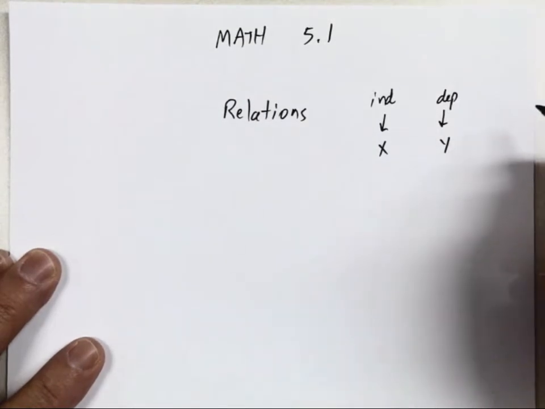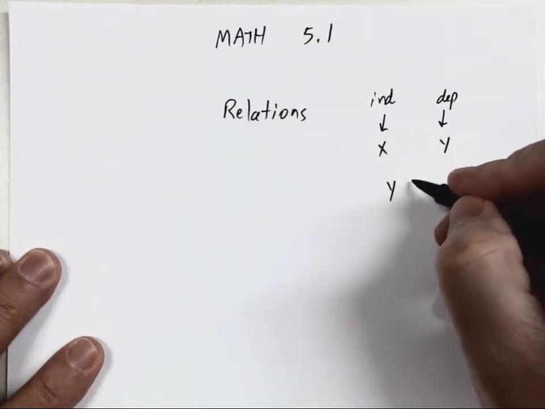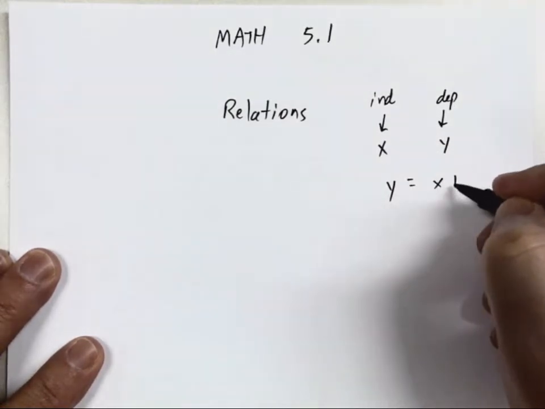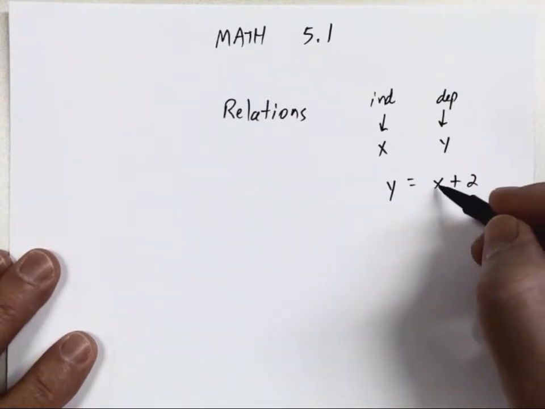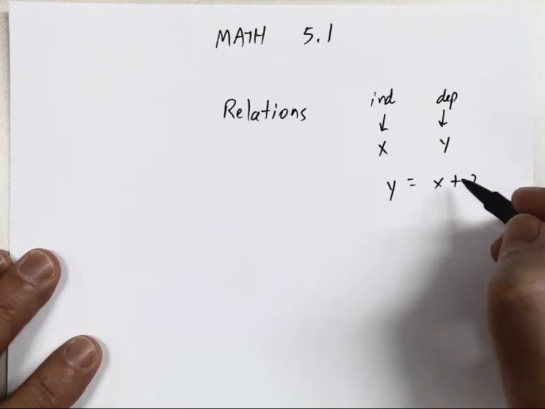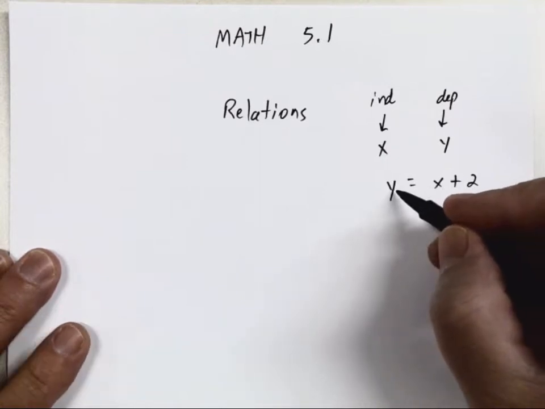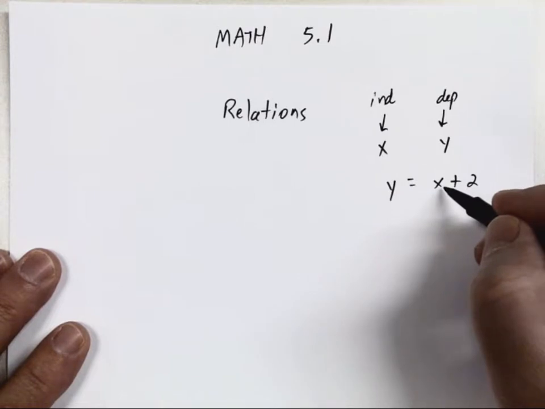For example, an equation is probably one of the most common ways that we express a relationship. The idea is, in this equation, we think of x as independent. We can set x to any number we want, but as soon as I assign a number to x, then y is going to be determined. The value for y depends on what I choose for x.